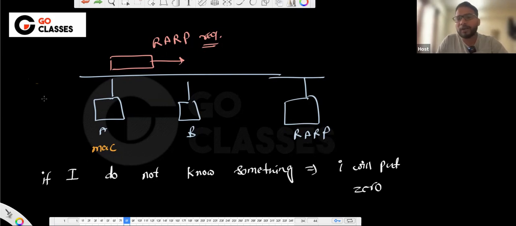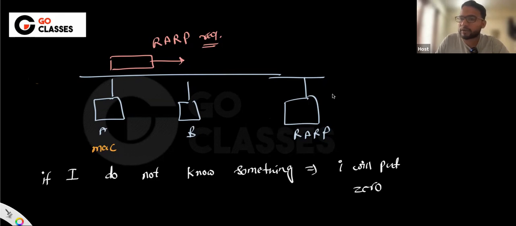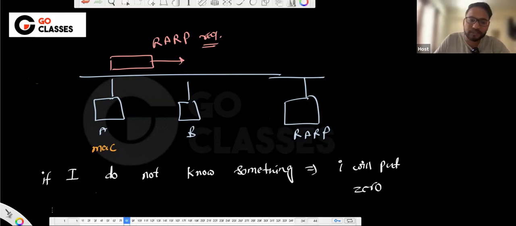Now tell me, how does this RARP server get to know that it is meant for me? Because it is a broadcast address and it does not even have the RARP IP address. Are you getting my point? In this network there are many hosts, including this RARP server. A is broadcasting a packet which has A's MAC address, and instead of A's IP it has 0.